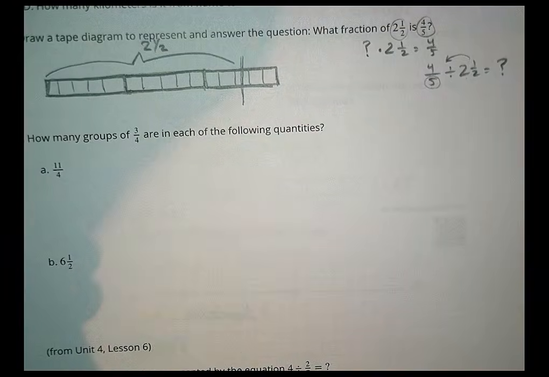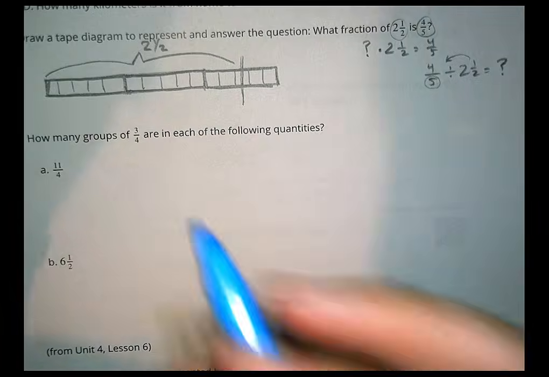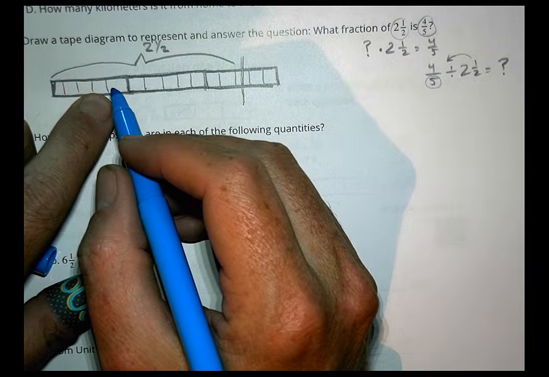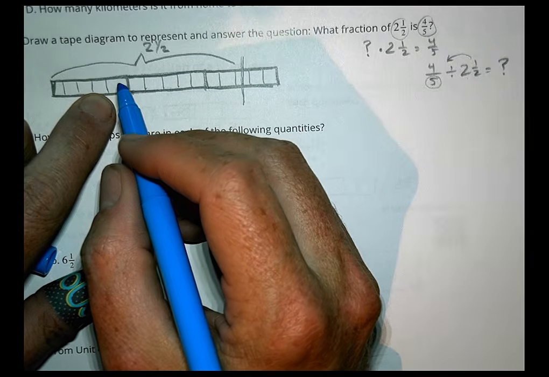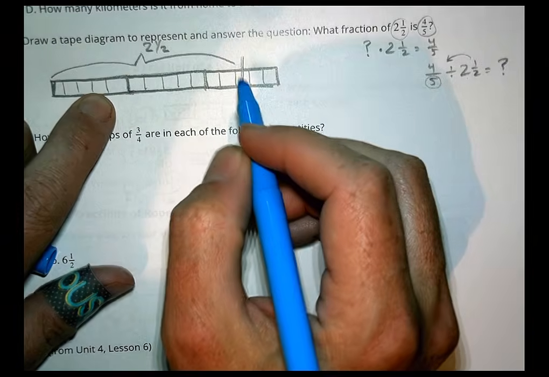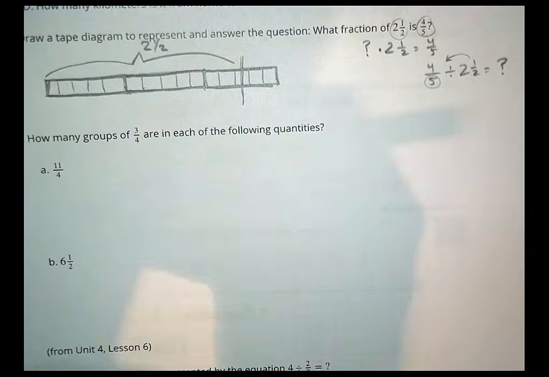If I did 4/5 here, I could leave it there, but then I have this crazy number. It's not a nice number. Let me just draw it.